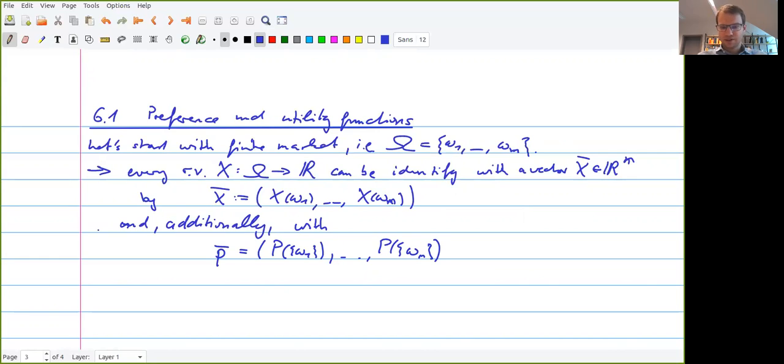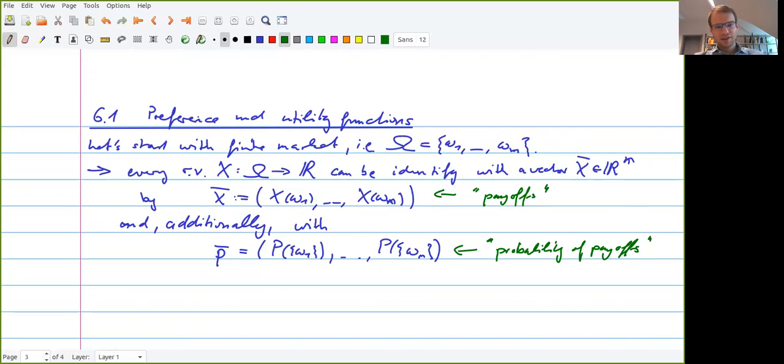And so the idea here is that this contains my payoffs, and this contains the probabilities. Okay, these are my payoffs, these are the probabilities.